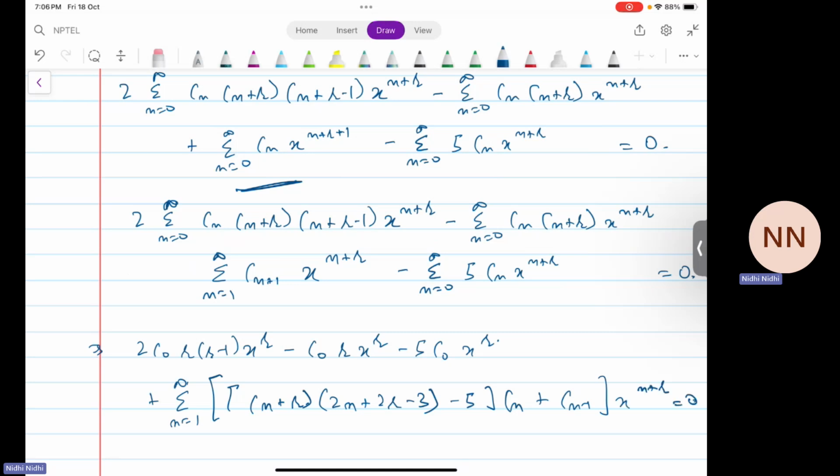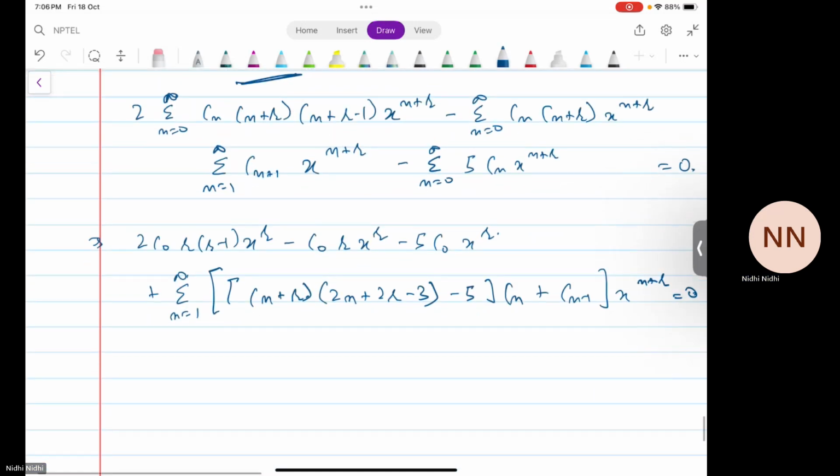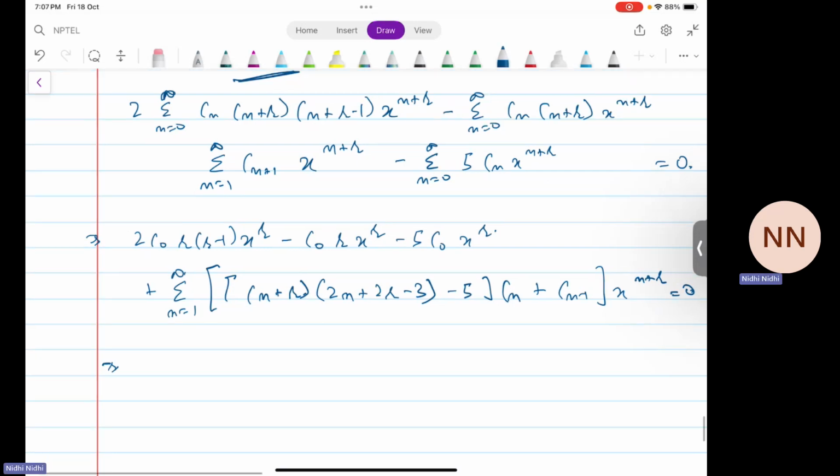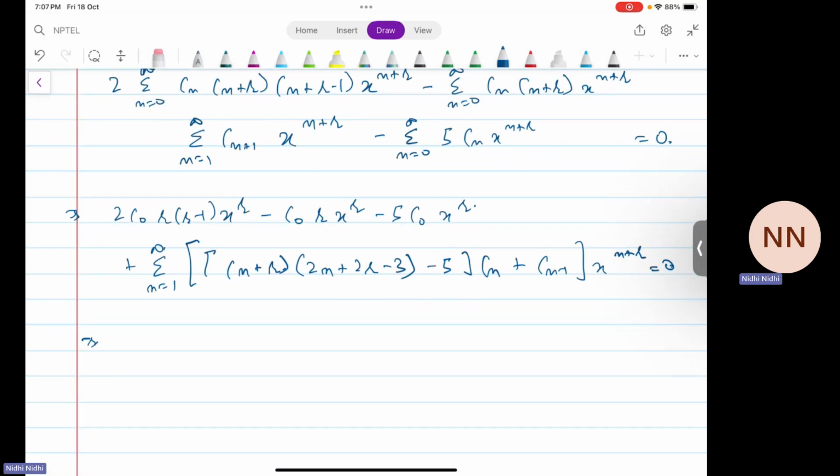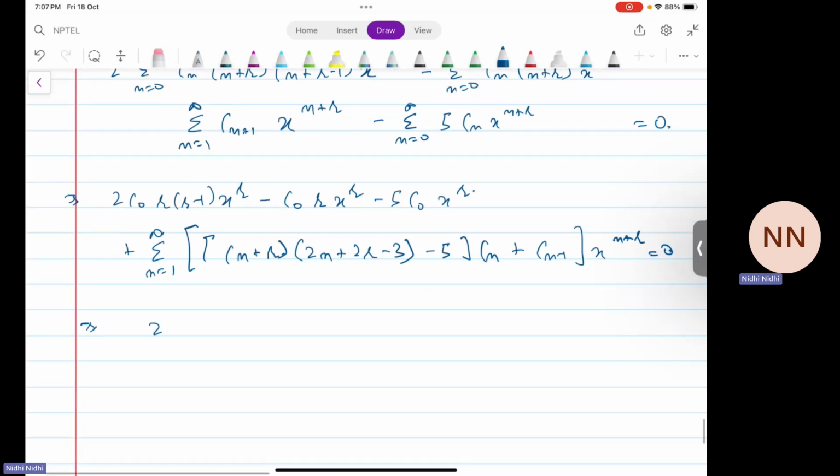So comparing the coefficients of x to the power r on both the sides, since on the right hand side coefficient of x to the power r is 0, and c naught is non-zero, we get 2r(r minus 1) minus r minus 5 is equal to 0.